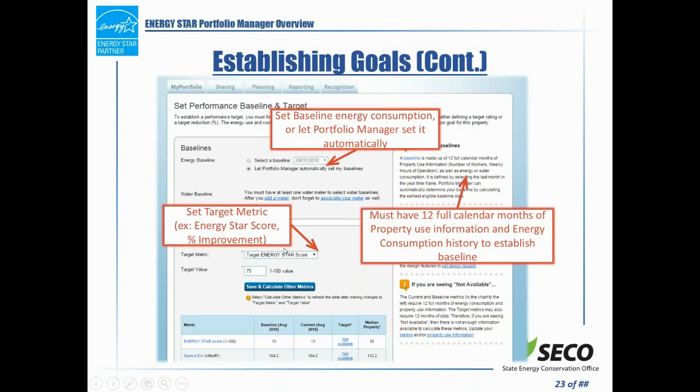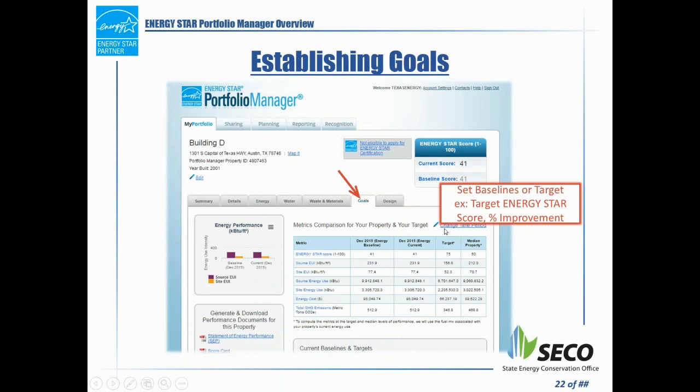Down here is where you choose the target metric. Like I talked about, this example has target Energy Star score selected. So what's my target value? Well, I want to get to a 75. You just type that in there and click save, and it'll populate that table we saw on the last slide with all this target information for you.